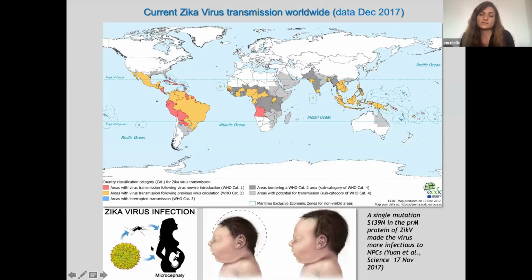Zika is transmitted by the Aedes mosquito. It's a flaviviridae RNA virus, and it has been shown that a single mutation in the capsid of the Zika American strain made it more virulent and more infectious to neural precursor cells.